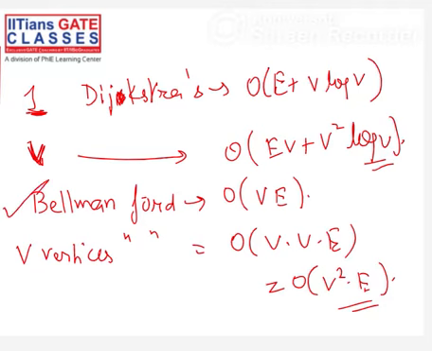This one or this one? Yeah, so this is V into E, na? Now E at max can be what? E at max can be order of V square, right? So this will be V cube. Worst case, it can go up to V cube.